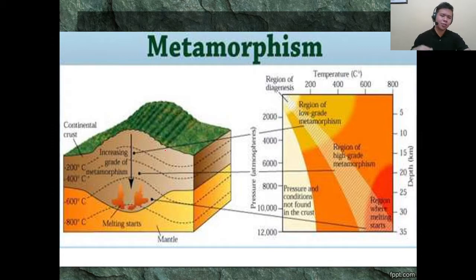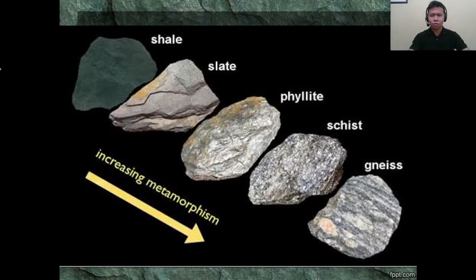As a certain rock or mineral goes deeper within the crust, then temperature will slowly increase, pressure will slowly increase as well, allowing it to recrystallize, allowing it to form into another type of rock, such as this one. So shale can transform into slate once exposed to higher temperature and higher pressure.